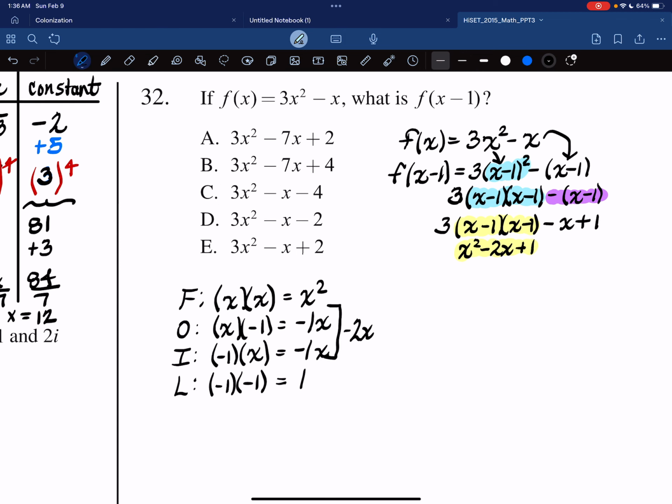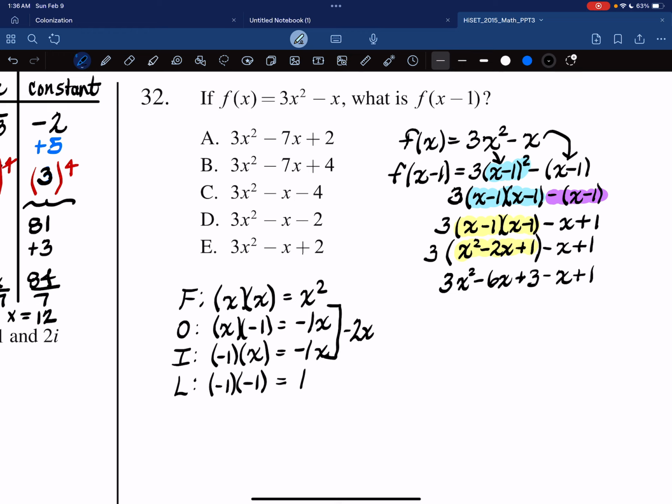And then we need to put the rest of our problem down here. I need to distribute the 3 through to the trinomial. So I get 3 times x squared minus 3 times 2x plus 3. And then don't forget about these terms.